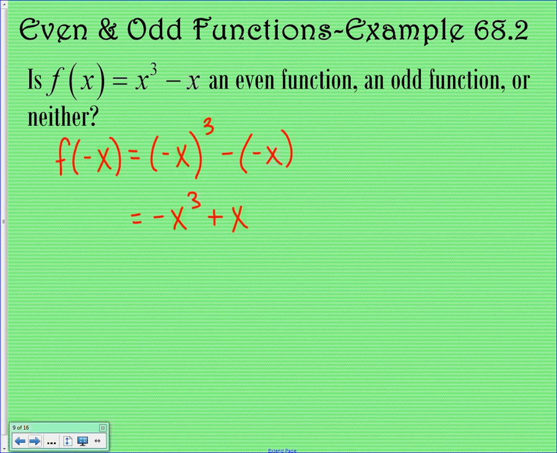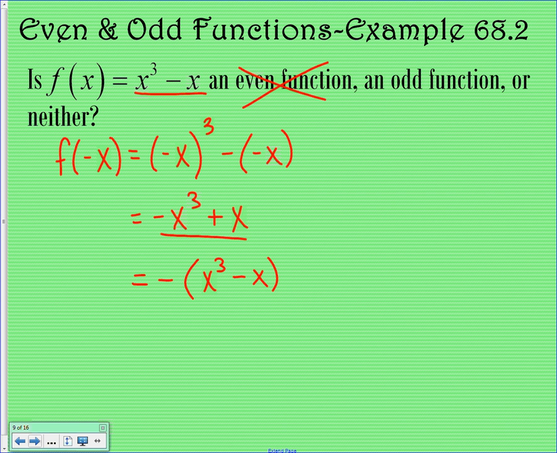Now if you look, this function and this function, they're not identical. So we know that it is not an even function. Now, what we need to do is factor out a negative and see if it is identical without the negative. So if I pull out the negative, I'm going to have x cubed, and then if I pull out a negative from that positive, I'm going to have a minus x.